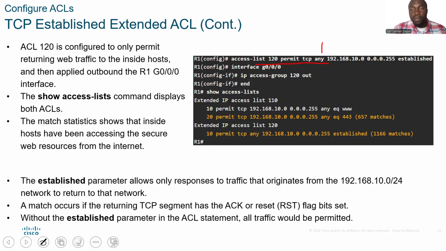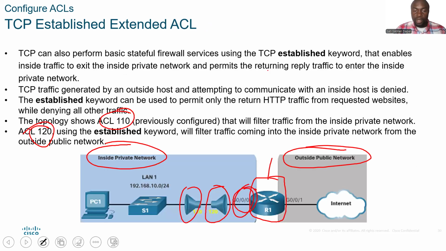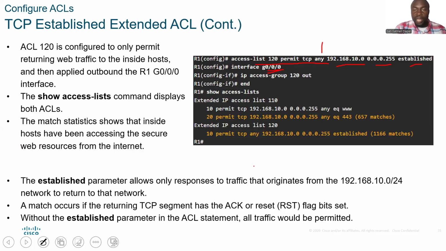TCP with any IP address going to this destination with this wildcard mask, okay? And it's established. And then you go to the interface G0/0. Look at it here. This is the interface G0/0. And then you say IP access group 120 out. That is what you have done. Okay, that's what you have done.